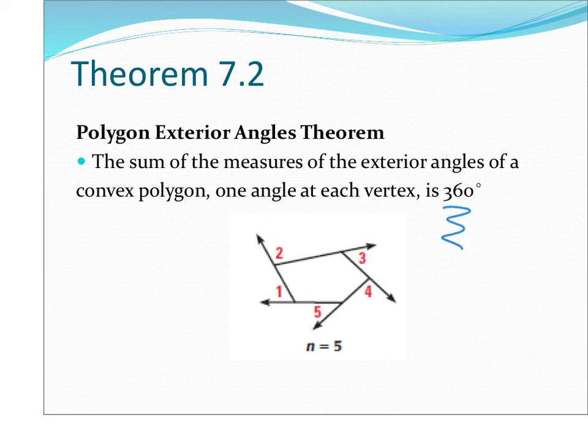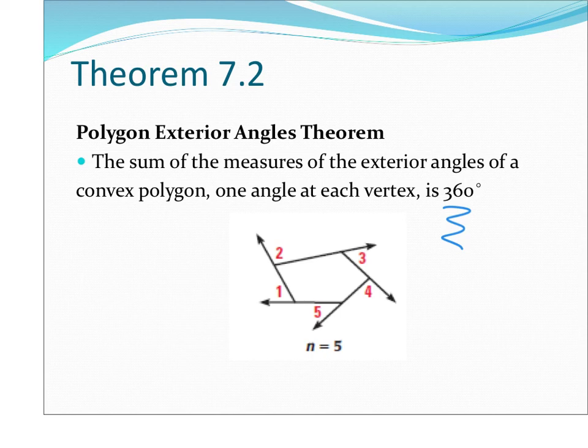So if you get a question on your quiz and I say, what do the exterior angles of a decagon equal? You should automatically know without doing any math that it's 360. If it's a hundredagon, they're all going to add up to be 360. So this is an easy question to answer as long as you memorize that always all exterior angles of a polygon are going to add to 360.